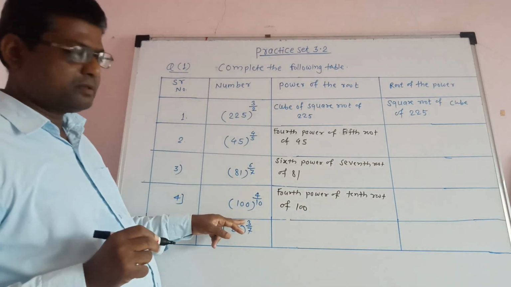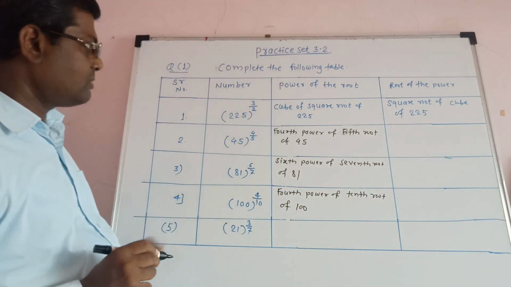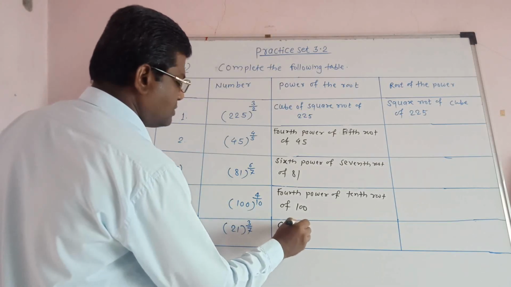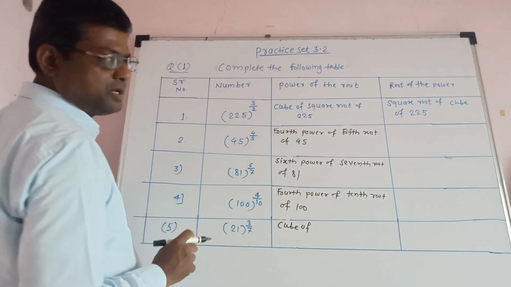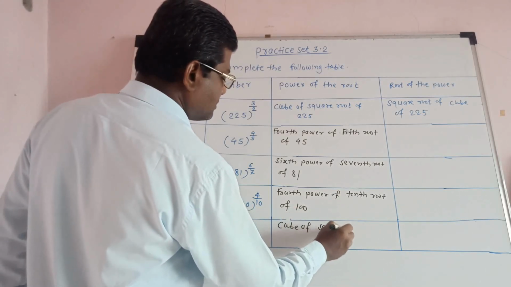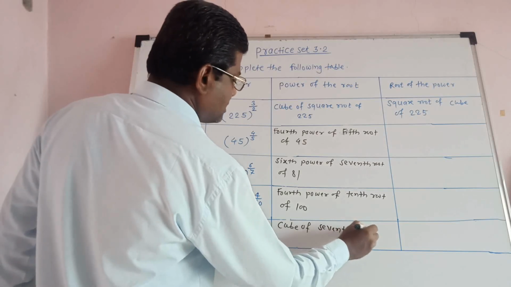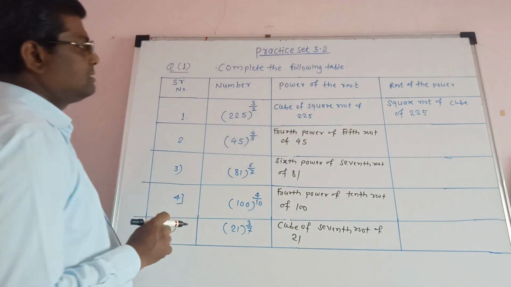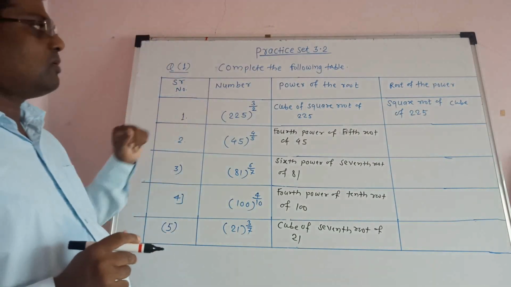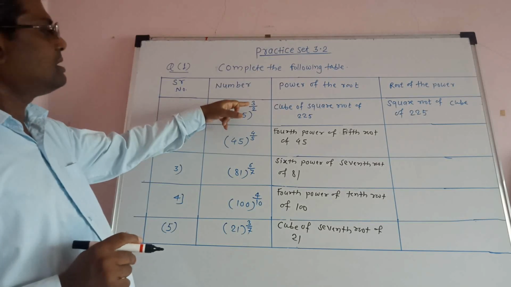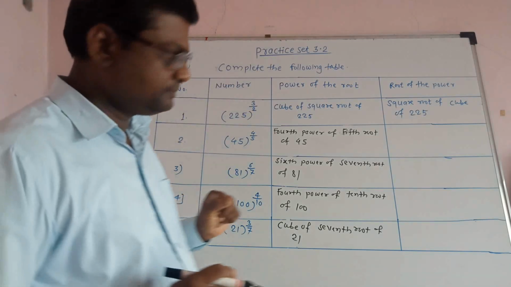Then third power means cube of, in denominator 7. So we write 7th root of 21. This is in the form of power of root. So we have taken power at first and then root.